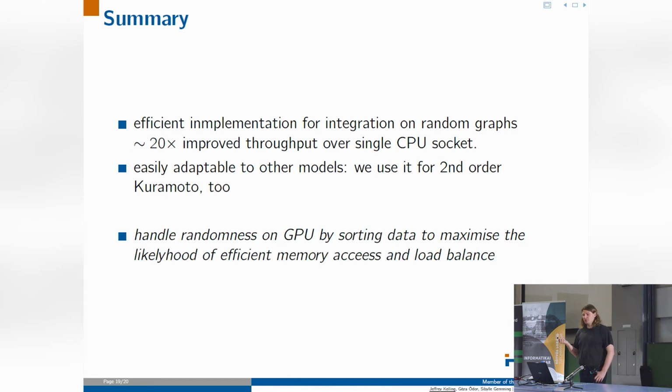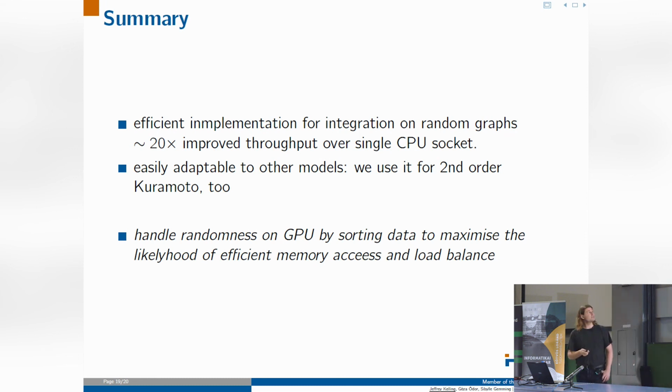And the take-home message for you is: if you have randomness on your GPU, try to sort it along some direction which you can control, even if not a priori, you can dynamically sort it. Especially in this case, it is simple because it's a static configuration for your graph. So you can take your time, sort it ideally, and then you run.